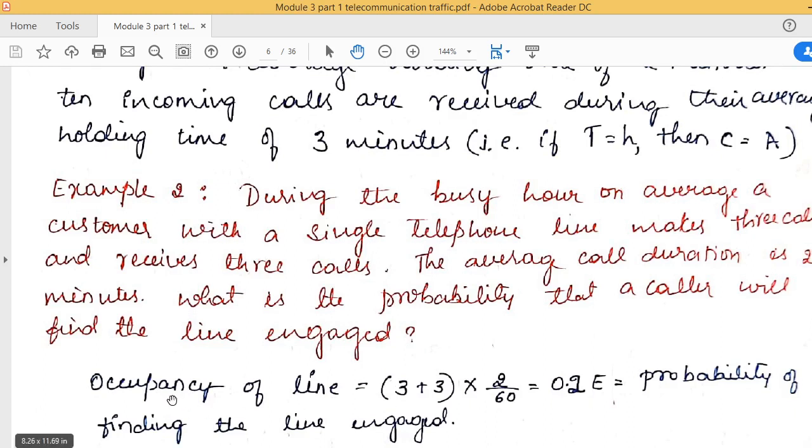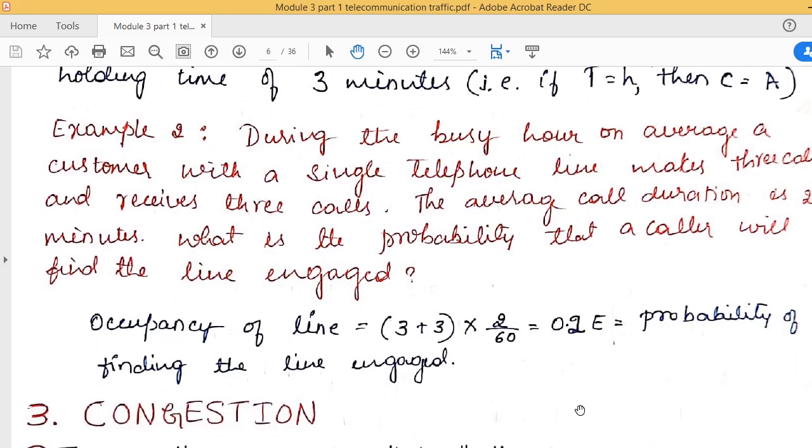As I defined, traffic as well as occupancy of a line is defined in Erlang, or the unit is Erlang. Or I can say this is equal to the probability of finding the line engaged. So the probability of finding a particular line engaged is nothing but the occupancy of that line, which is nothing but the traffic of that particular line.